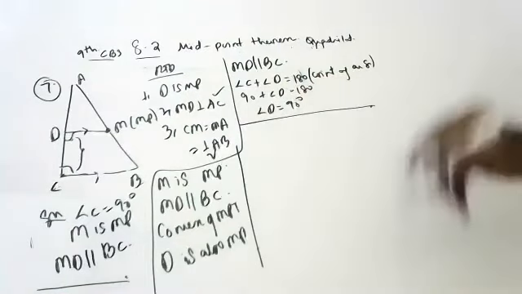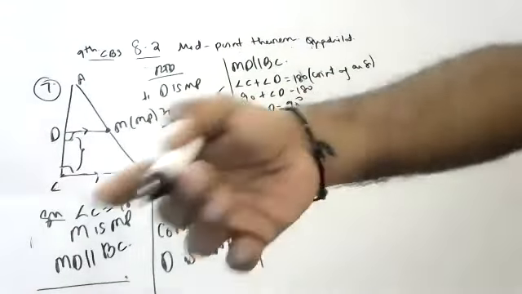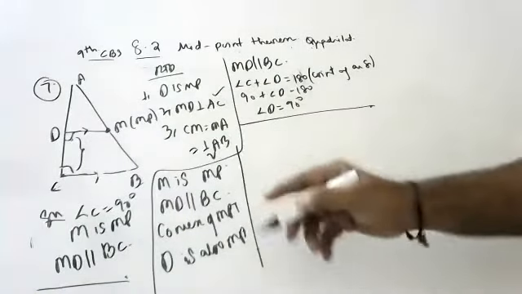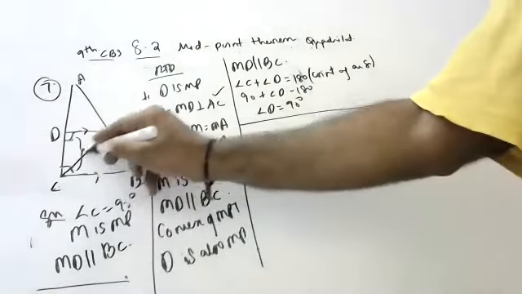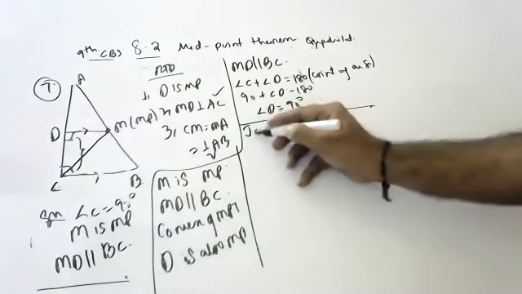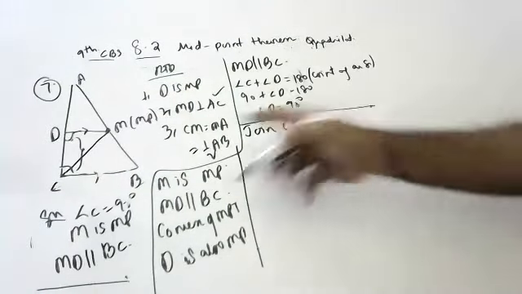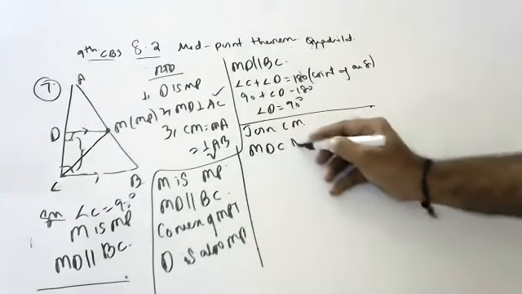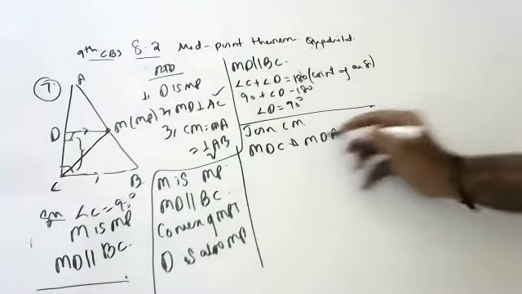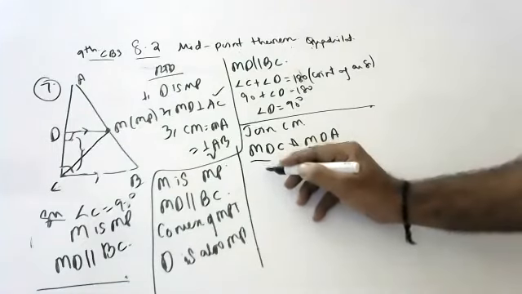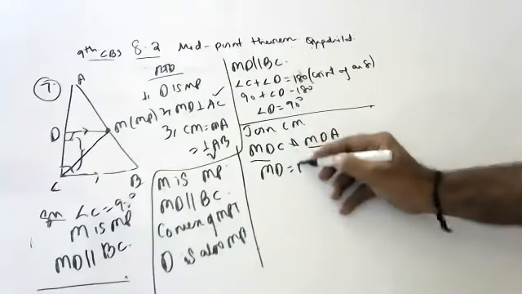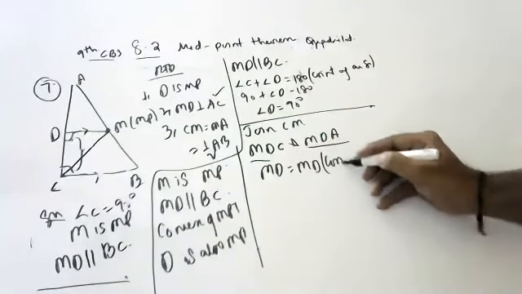Now, Hansika, tell the third one. Join CM. In triangle MDC and MDA, MD is equal to MD because it is a common side.